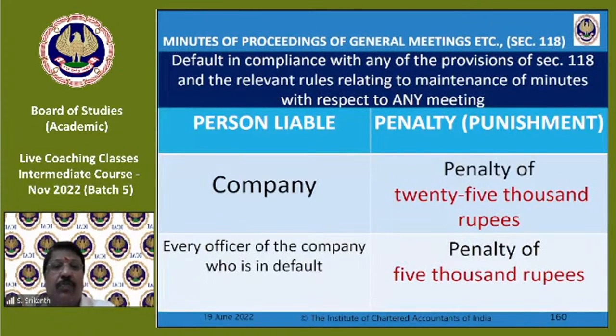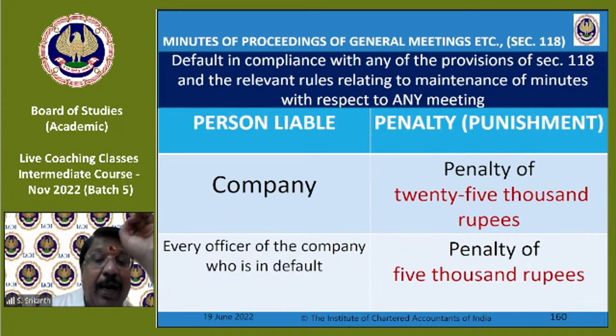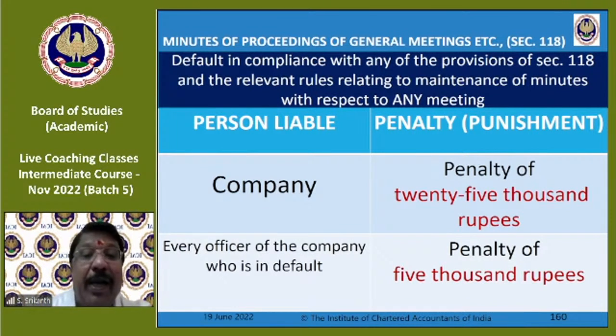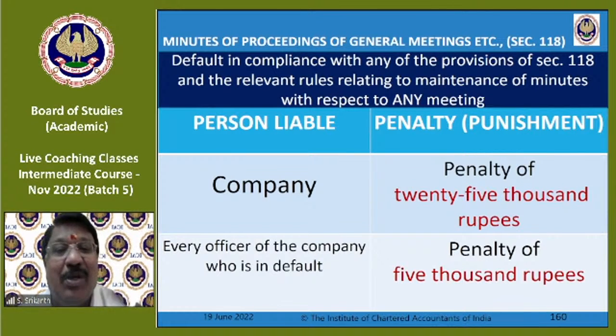Now let's see the penalty also. If there is a default, if the minutes of any meeting are not prepared and signed within 30 days, then the penalty is 25,000 rupees per meeting. For each meeting, 25,000 rupees, because it says any meeting. So if the AGM minutes are not prepared and signed, 25,000.